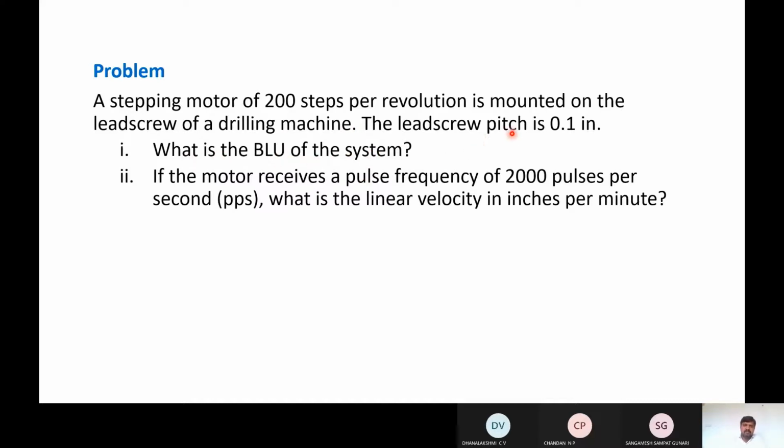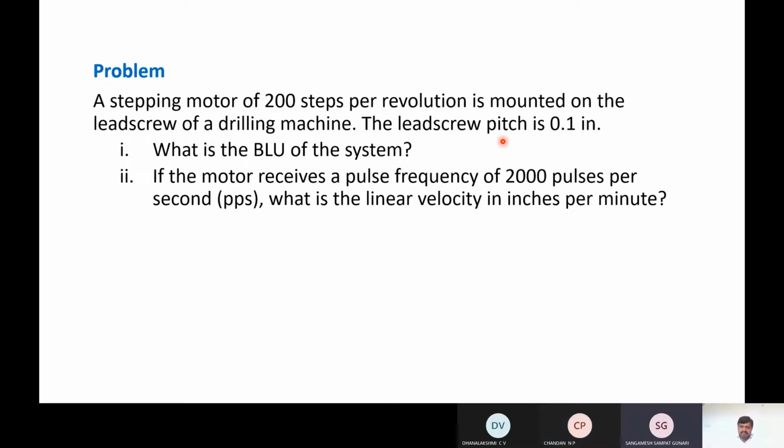I think you know the meaning of pitch. What do you mean by pitch? The distance between two same points on the thread.